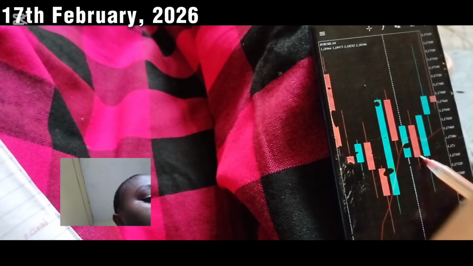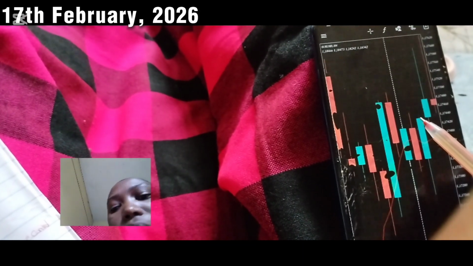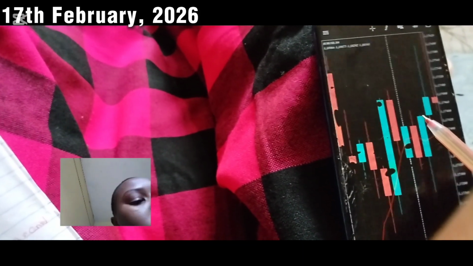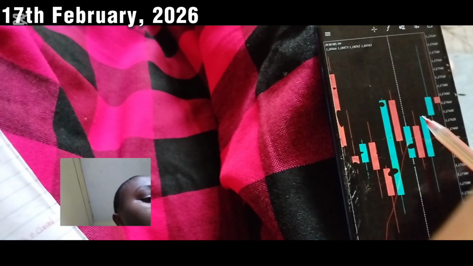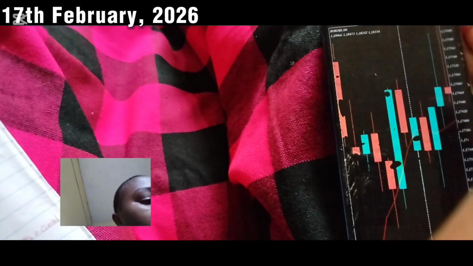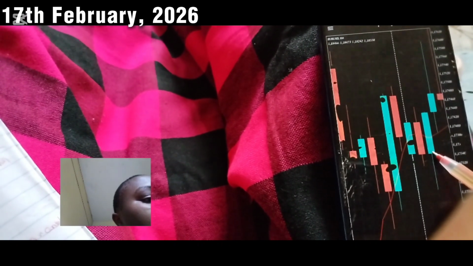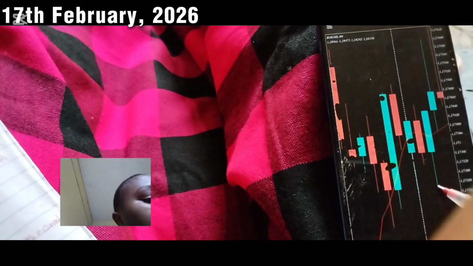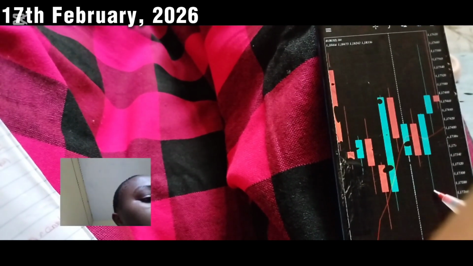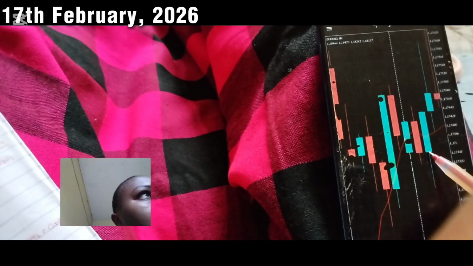Then the buyers, now I'm looking at my notes to make sure the buyers here got in, and then the price opened, this opened here and closed here, and at some point the price went till here. But then seems like the buyers were so strong, they pushed it here, something of the sort.